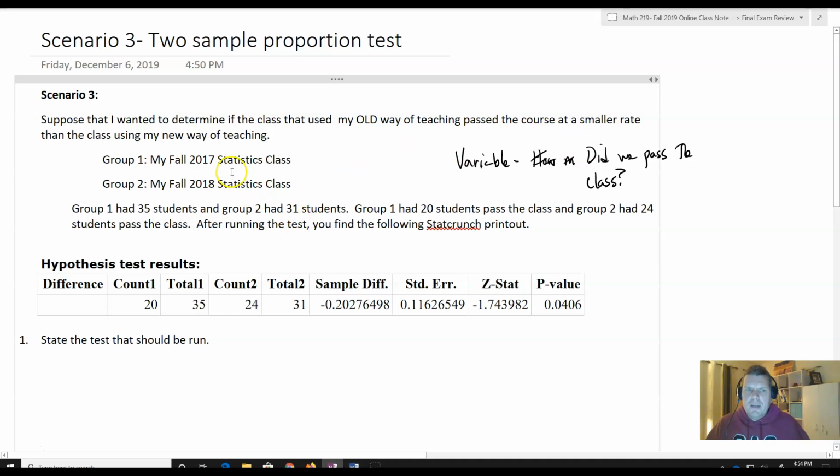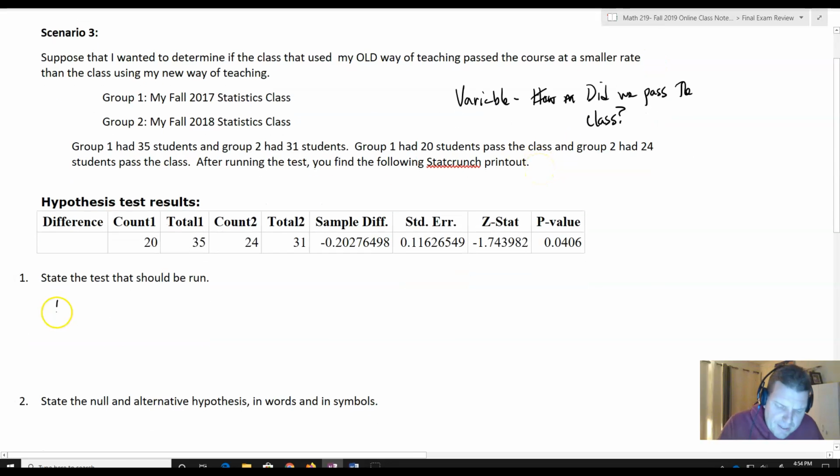Now we're going to compare a categorical variable, did we pass the class or not, between two different classes, the 2017 class and the 2018 class. So we've got two samples here, and we're comparing a categorical variable, so that tells me that it is a two-sample proportion test. Proportions summarize categorical variables. So it's a two-sample proportion test.